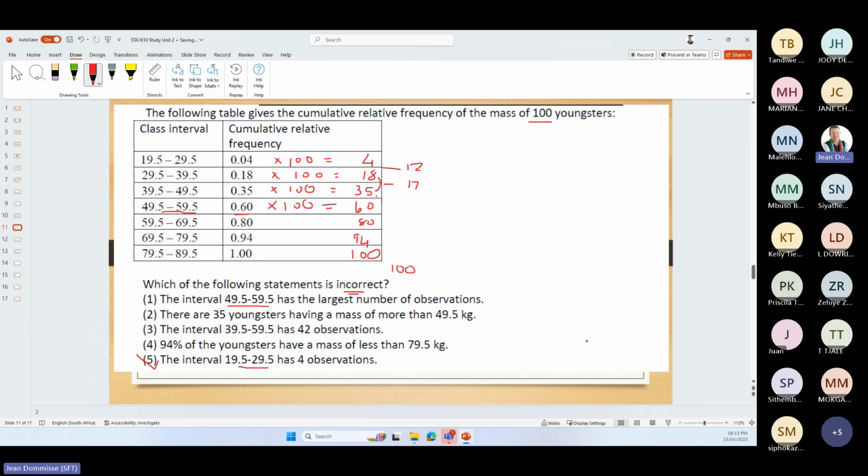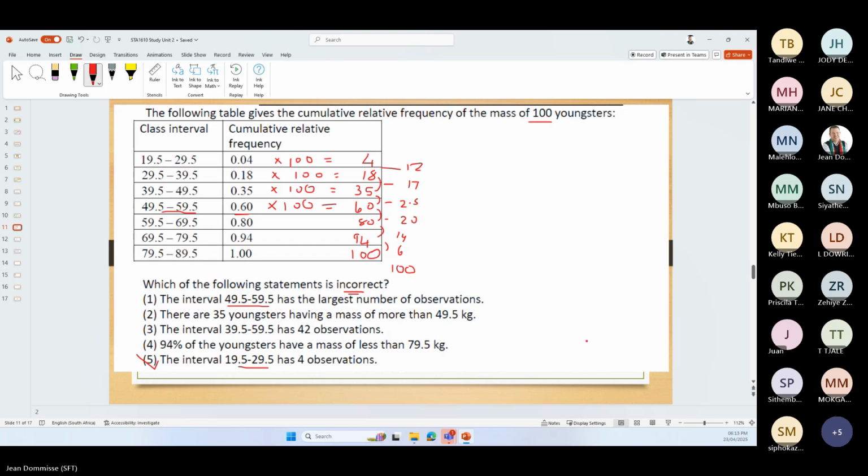From 35 to 60, we added 25. From 60 to 80, we added 20. There we added 14 and there we added 6. So the interval 49 to 59 has the largest number of observations.